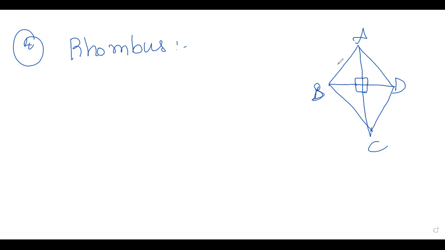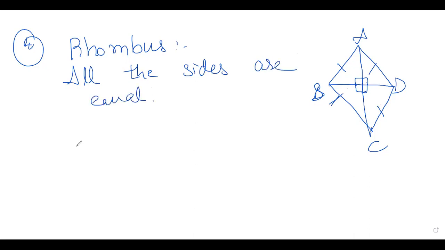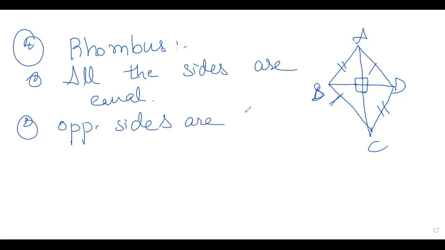See, here all the sides are equal, children. In a rhombus, all the sides are equal. Opposite sides are parallel to each other.